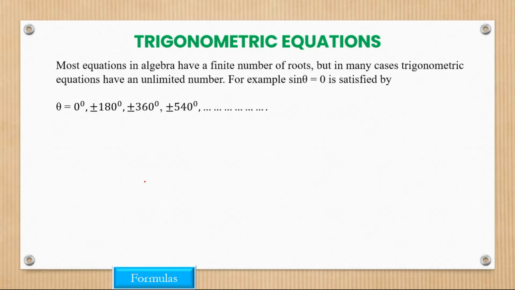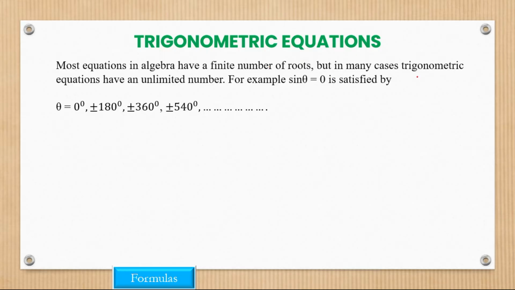So that is finite because you only have one answer of x. Then quadratic equations usually give you two different roots, two different values of x. When we have cube roots of x, for example, we'll have 3 different values of x. But most equations in algebra have a finite number of roots, which means they can be counted.